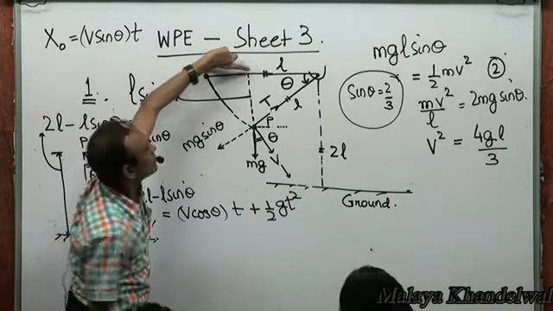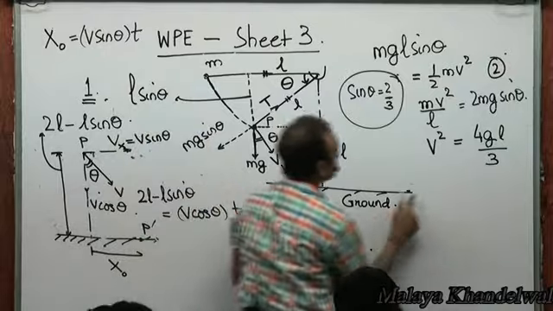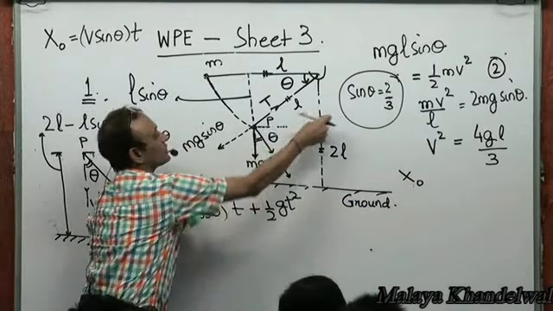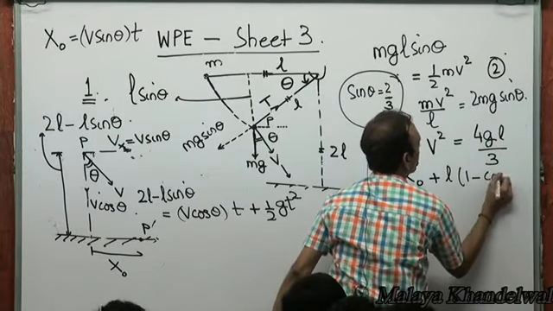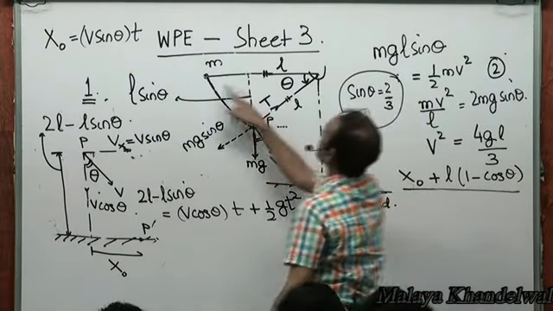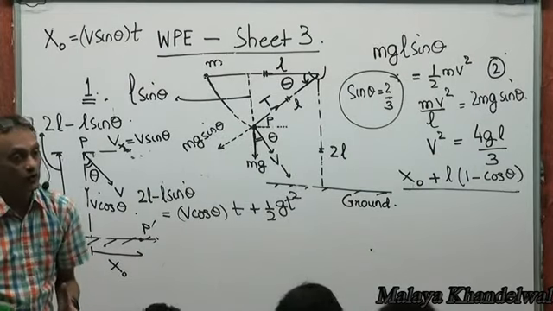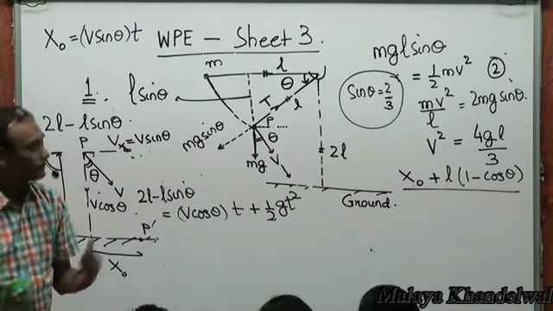So the displacement from the original position is going to be x naught, the horizontal displacement from p when it lands on the ground at p prime, plus this length, L minus L cos theta. Is that okay or not okay?